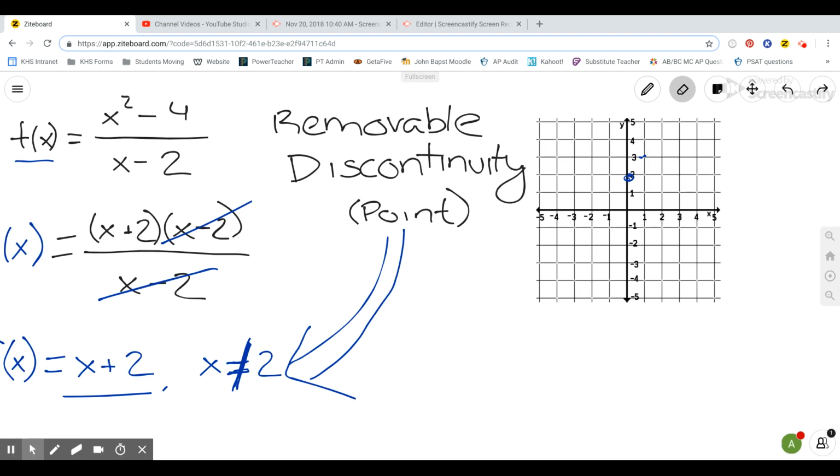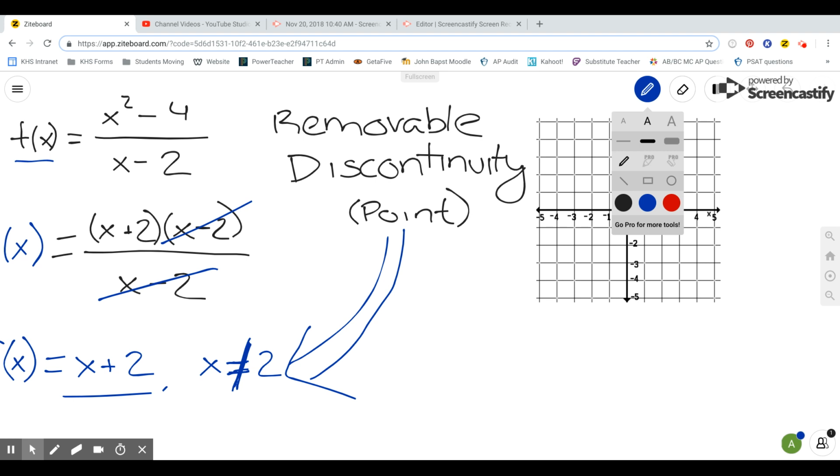So what I want to do when I graph this is put a hole at 2, 4. And so I'm just going to put a nice hole there. And now I'm going to go ahead and construct my line, making sure that the removable discontinuity is nice and clear. So there you go.